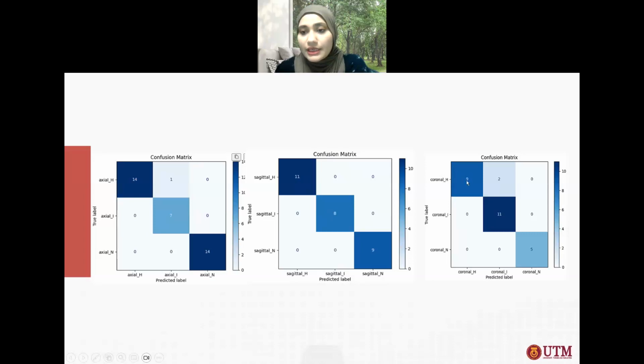For coronal H, 9 are correctly classified, but 2 were misclassified as coronal ischemic, and none were misclassified as normal. This one is good because there is 0 misclassified, with 11 correctly classified images. And this one is also correctly classified as 5, with none misclassified.